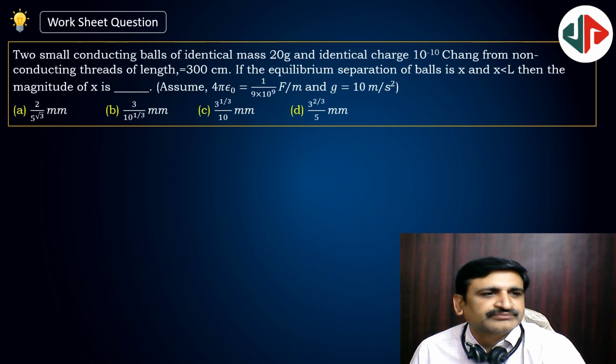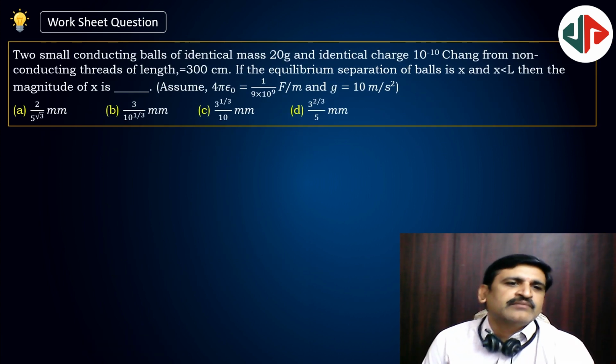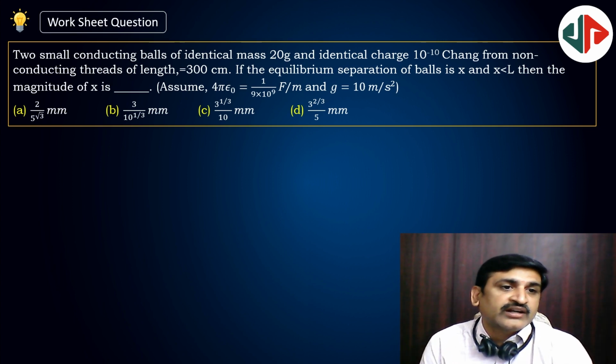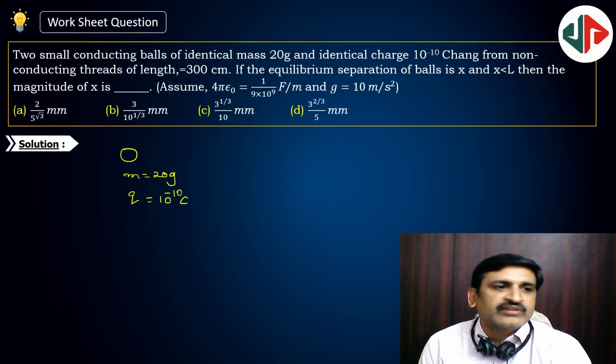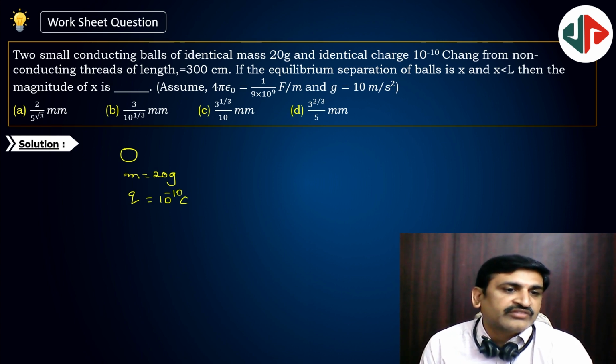Next, two small conducting balls of identical mass m equal to 20 gram and identical charge q equal to 10 to the power of minus 10 coulomb hang from a non-conducting thread of length L equal to 300 centimeter.